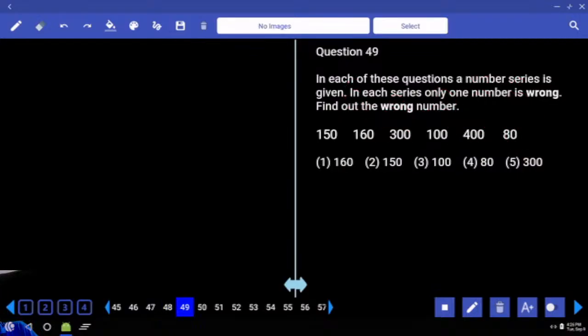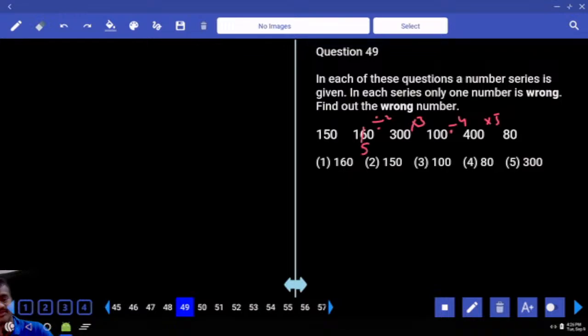Now 49. 150, 160. Then the numbers you have there: 150 into 2, 300. Then 800 into 5, 400. 400 divided by 4 into 3 divided by 2 into 1.